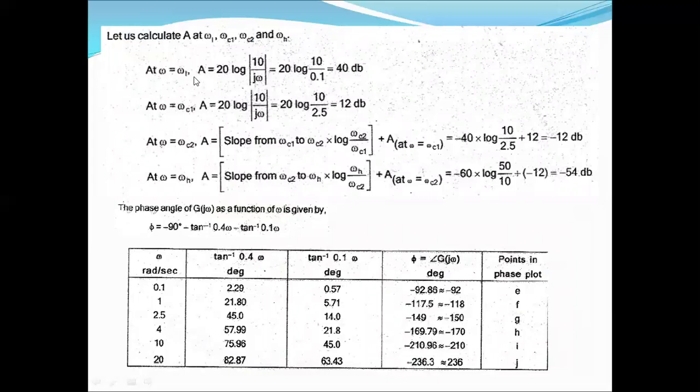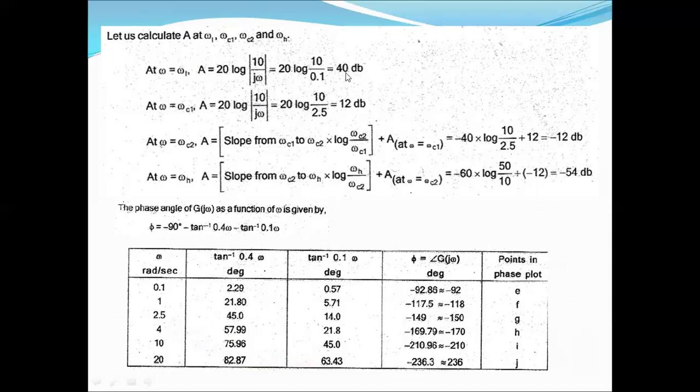At omega equal to the lowest frequency omega L, it is 20 log of 10 divided by j omega, which is 20 log of 10 divided by omega. Taking the lowest frequency as 0.1, substituting here, you get 10 divided by 0.1, and simplifying, you will get 40 decibel. And at the first corner frequency omega C1, 20 log of 10 divided by 2.5, you will get 12 decibel.